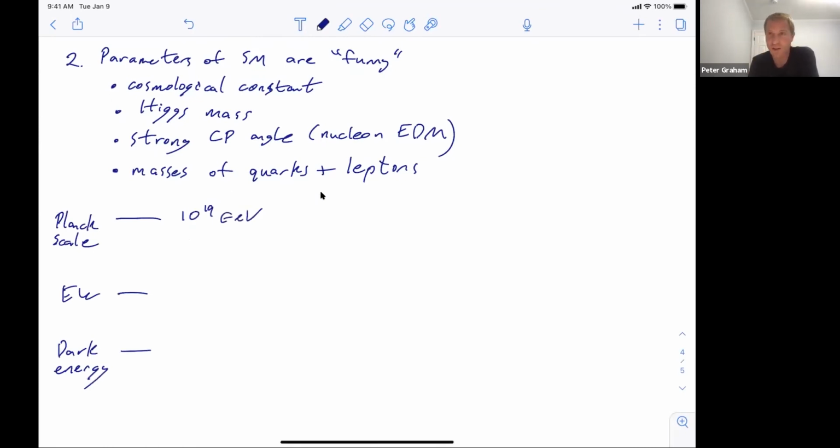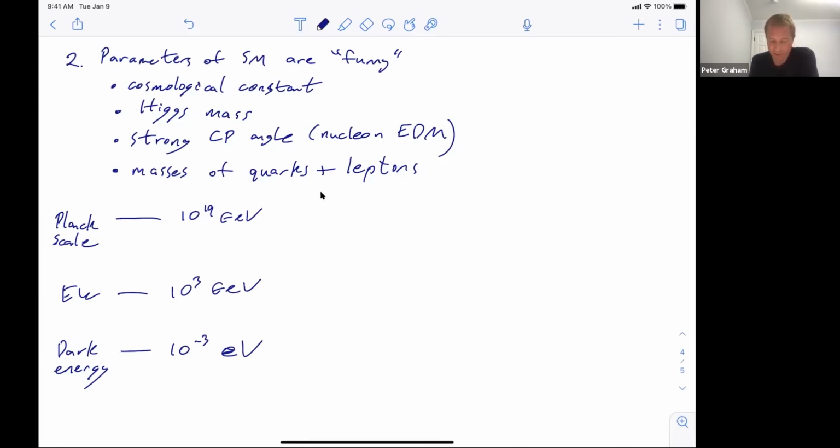This is the scale at which quantum gravity has to kick in. So at energies above that or distances shorter than that, we know our theory actually is wrong. The electroweak scale is around 10^3 GeV. That's the scale being probed by the LHC. And then the measured value of the dark energy density is around 10^-3 eV.